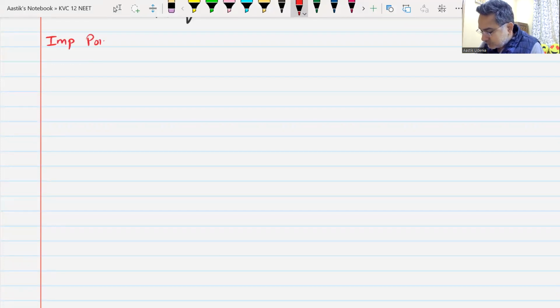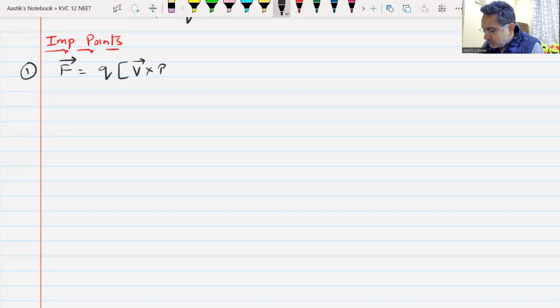Important points. Number one, the force is Q into V cross B vectorly, or I can write this force in the scalar form QVB sine theta.